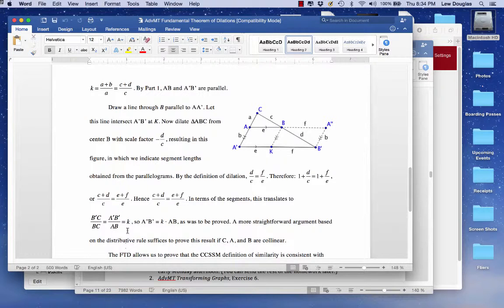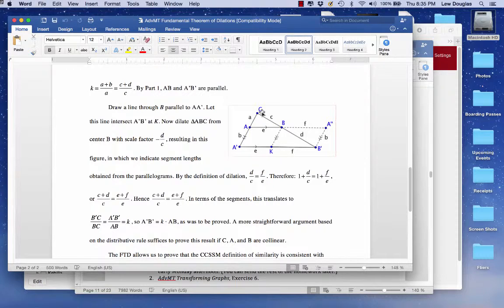But that has to equal, let's see, because A prime B prime over AB, A prime, yes, A prime B prime, oh, I'm sorry, B prime C is the long leg here.